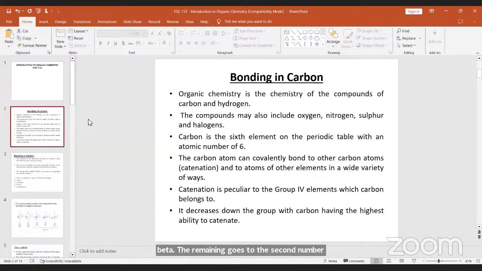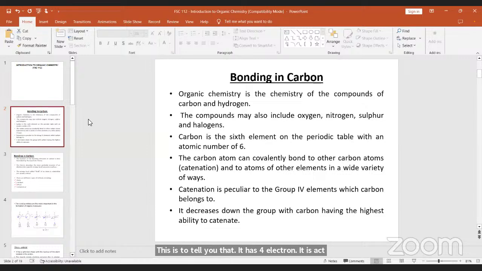That means the outermost shell of carbon has 4 electrons. This is not too far-fetched if you recall that, apart from having 6 protons, carbon is also placed in group 4. This tells you that it has 4 electrons in its outermost shell.